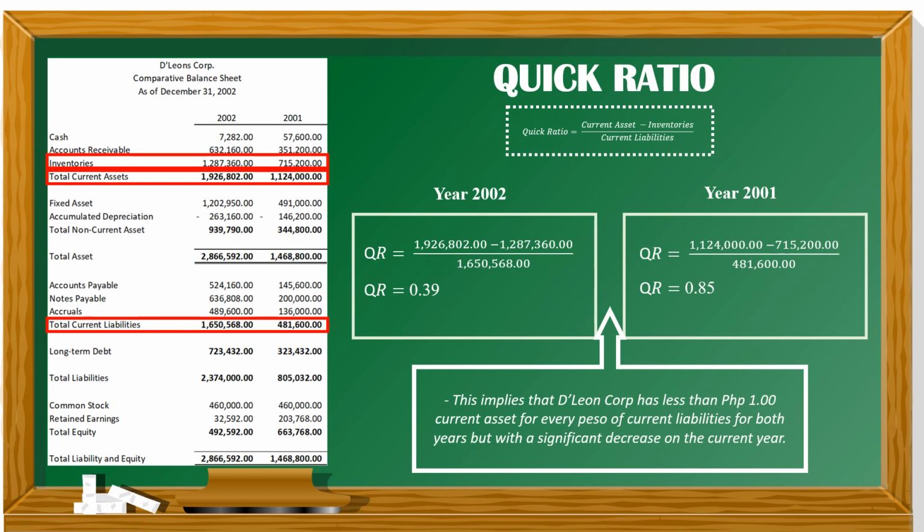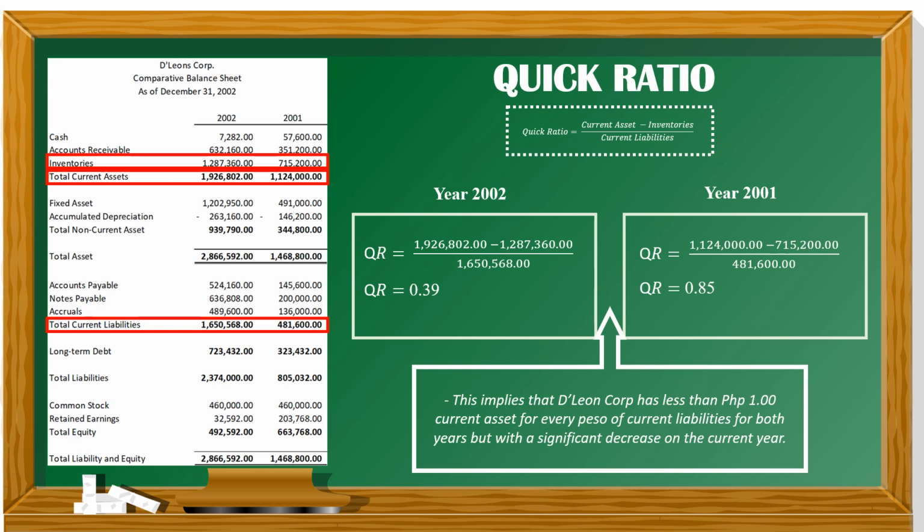This implies that De Leon Corp has less than 1 peso of current assets for every peso of current liabilities. Meaning to say, in year 2002, it only has 0.39 in current assets for every peso of current liability, so it can only pay off 0.39 for every peso of liability.